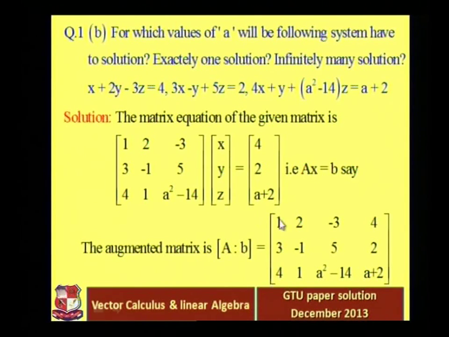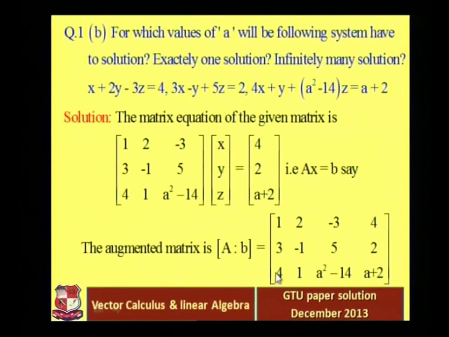So 4, 2, a plus 2. So now the augmented matrix A gem B is 1, 2, minus 3, 3, minus 1, 5, and then 4, 1, a square minus 14, and then 4, 2, a plus 2.